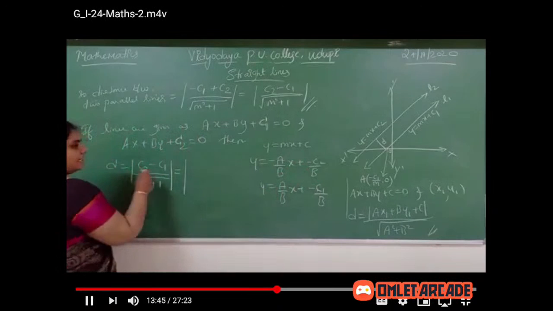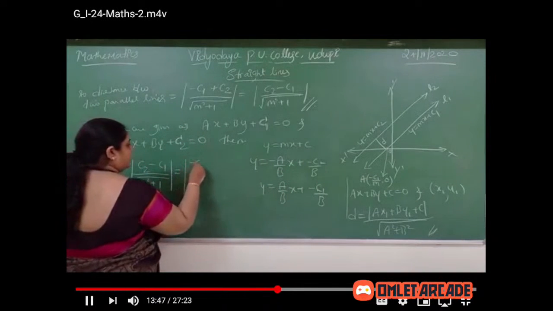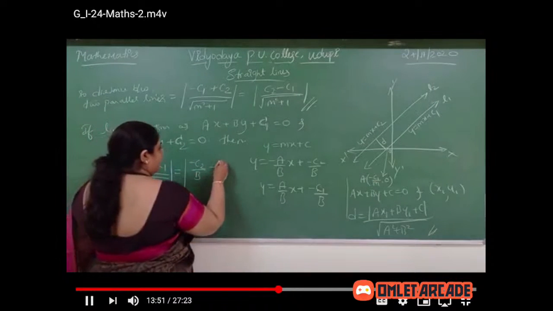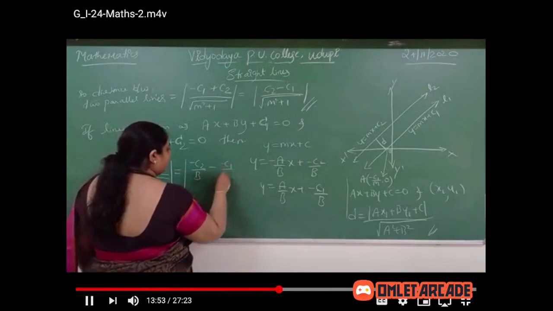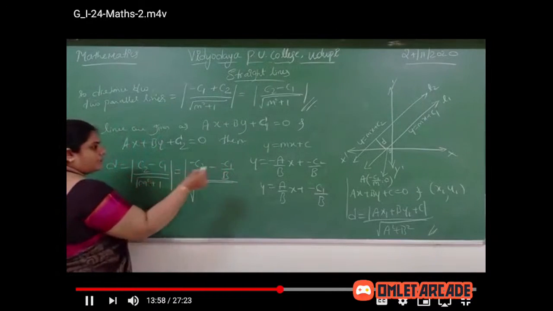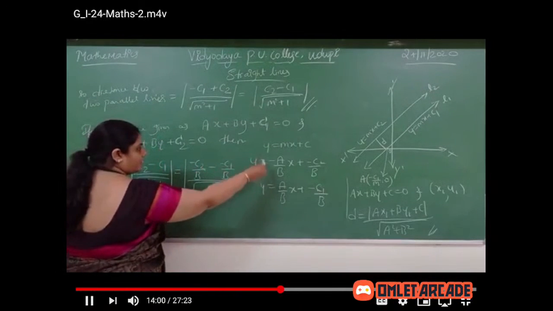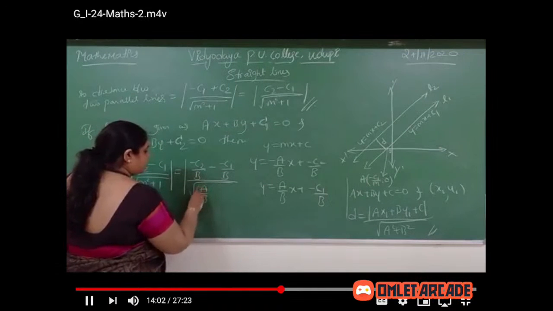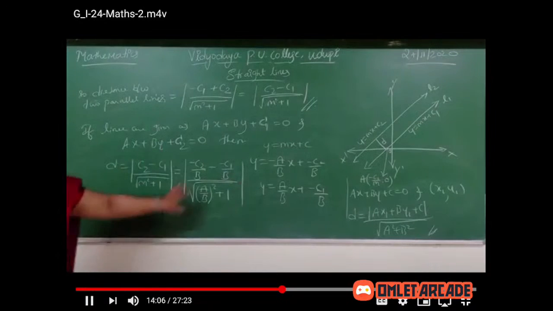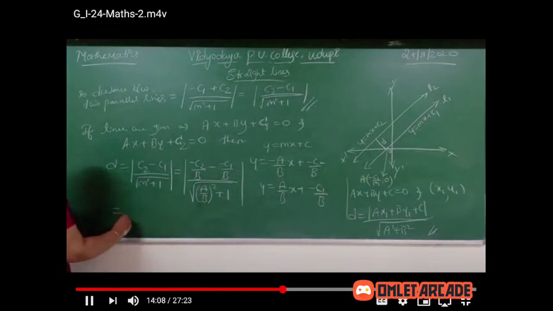So can I substitute c2 as minus c2 by b, minus c1 as minus c1 by b divided by root of m square as what? M square, what is m? Minus a by b, so a by b whole square plus 1. And when you solve this, you just see what you will get.